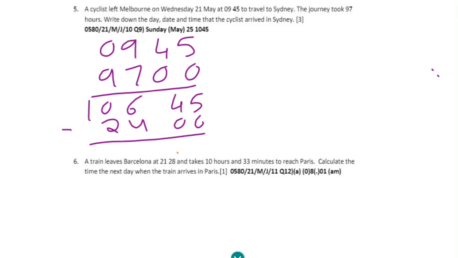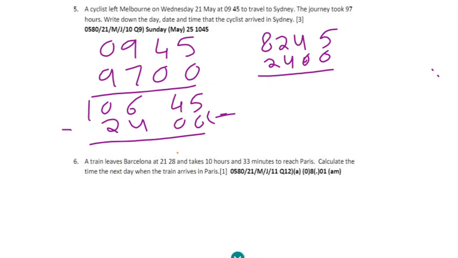So 106:45 minus 24:00. When I subtract it once, I'll get 82:45. So I've subtracted it once, so I got 82:45. Since again we can subtract 24 hours from it, do that again.